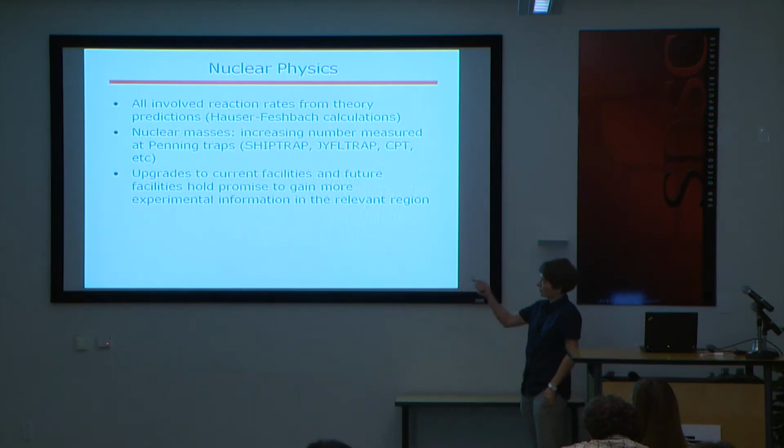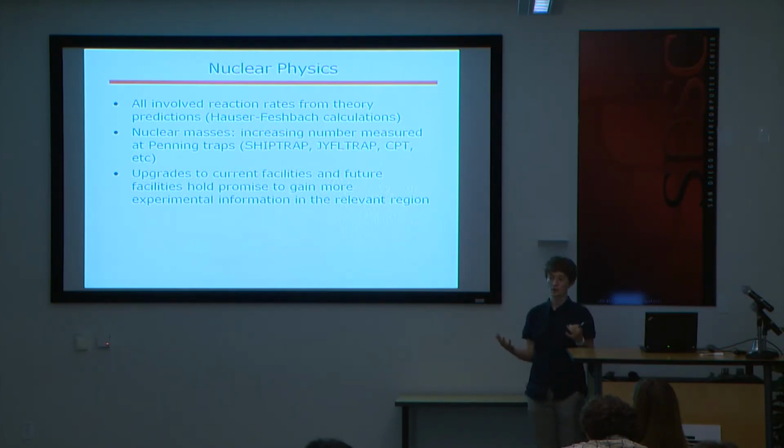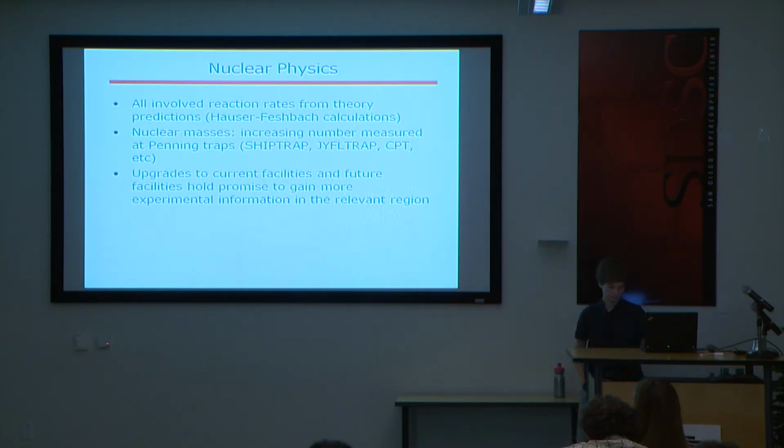It turns out most of the reaction rates you need for neutrino p-process calculations are actually from theory predictions. Typically, the models used for these theory predictions are statistical model or Hauser-Feshbach calculations, because if you have thousands of nuclei, you have 10,000 reactions, and you need a model that sort of globally works, even though you could do better for specific reactions with a different model.